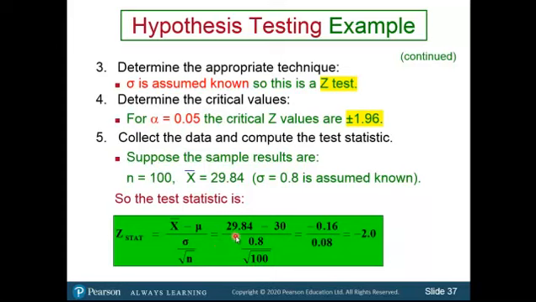So x bar is 29.84, which comes from the data that we collected, minus the mean of the population, the mu, which is 30, divided by 0.8, which is the standard deviation of the population, divided by square root of n, that is 100. So we solve this equation, then we get negative 2.0 as our Z stat value.